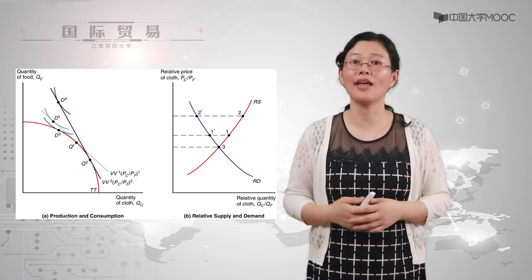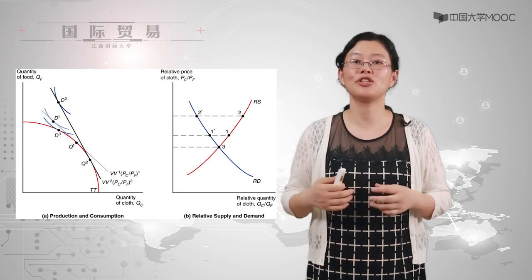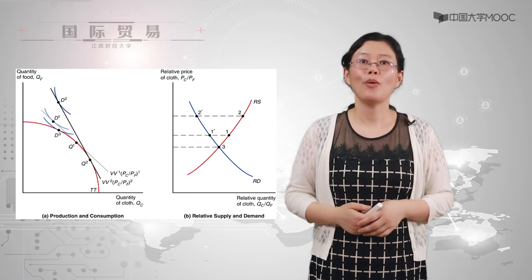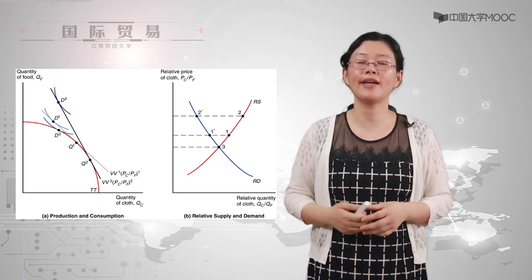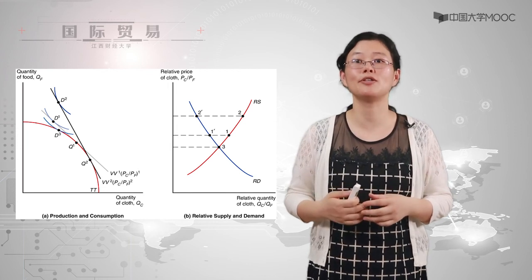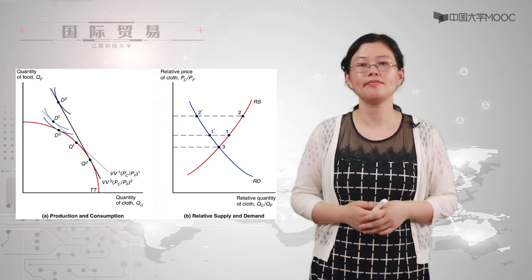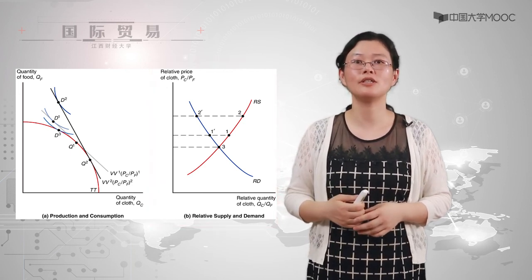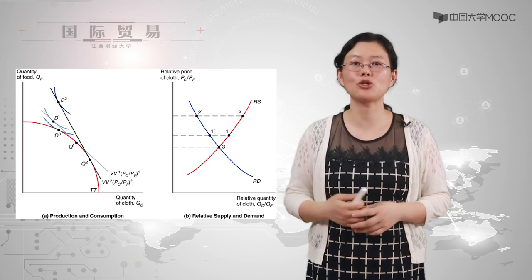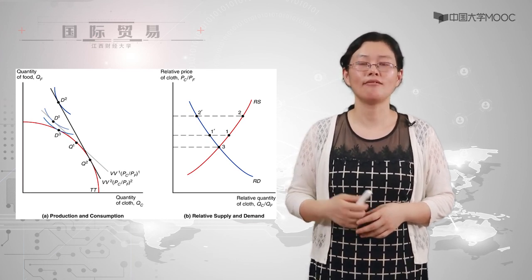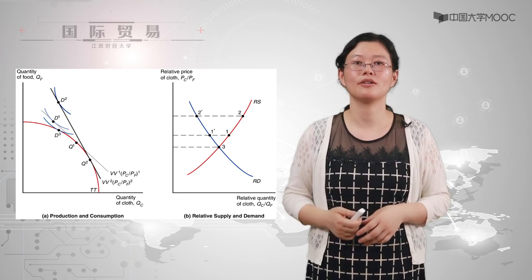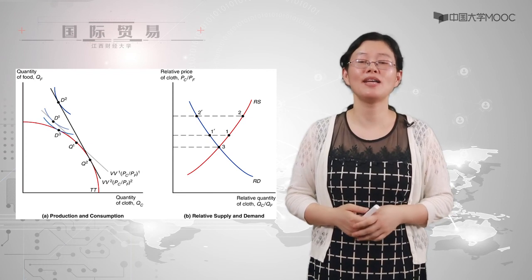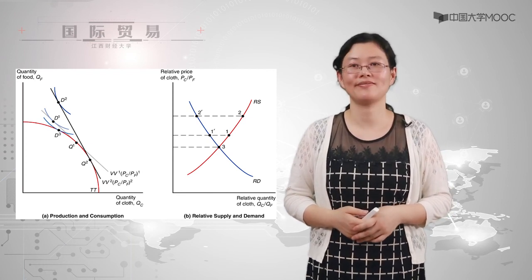If the economy cannot trade, then it produces and consumes at point D3, where the indifference curve is tangent to the production possibility frontier in panel A. In panel B, the relative price of crops to food is determined by the intersection of relative demand and relative supply for that country. If the economy cannot trade, then it consumes and produces at point 3.